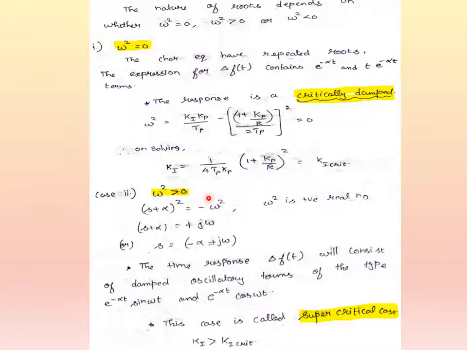When your omega square is greater than 0, you will be having a positive real number, and your oscillations will be a damped oscillation with these sine and cos omega t terms. And we'll say this as supercritical as this value is greater than the critical value.